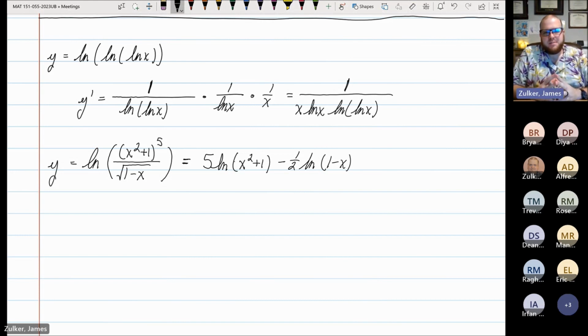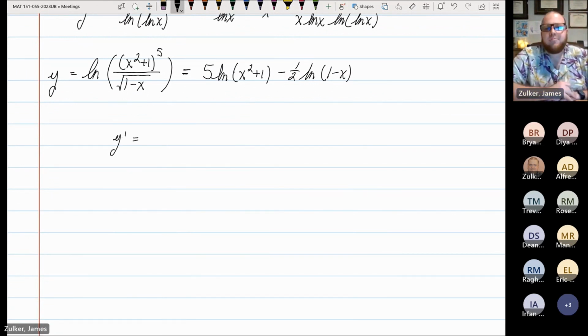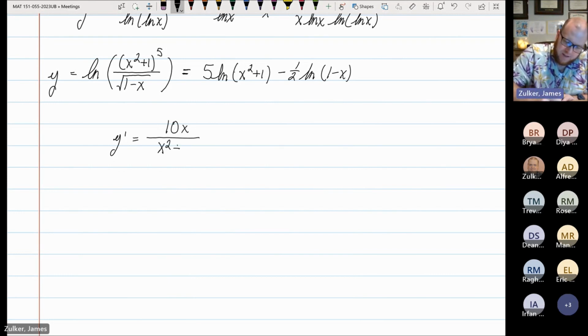Well, that is much simpler, isn't it? We're going to have that constant 5. 5 times the derivative of the log, right? So it'll be 5 times the derivative of what we're taking the log of over what we're taking the log of.